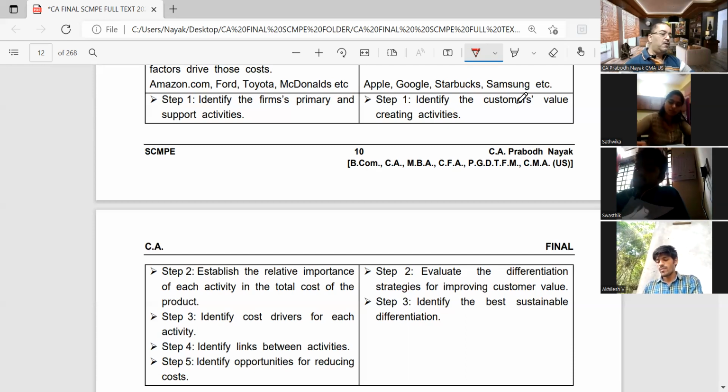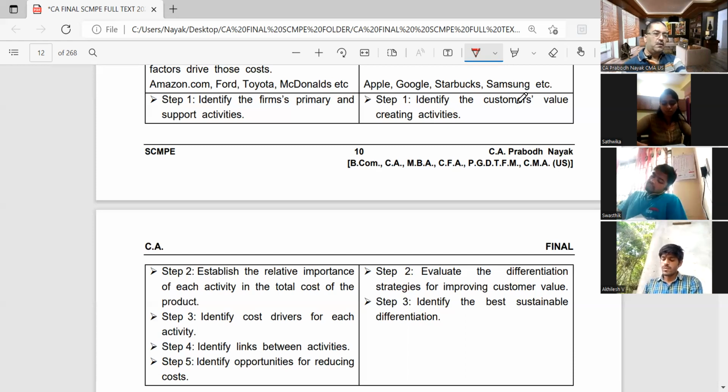Below that, right? Customer value can be improved in the following ways.